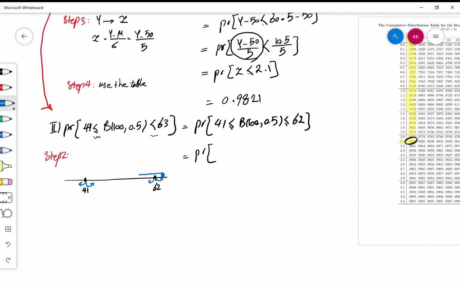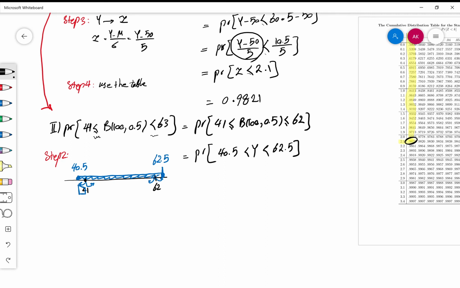What will remain will be from halfway down of 41, which is 40.5, up to halfway up of 62, which is 62.5. So that is the Y interval for us. That means we can replace this by Y being bigger than 40.5, less than 62.5.